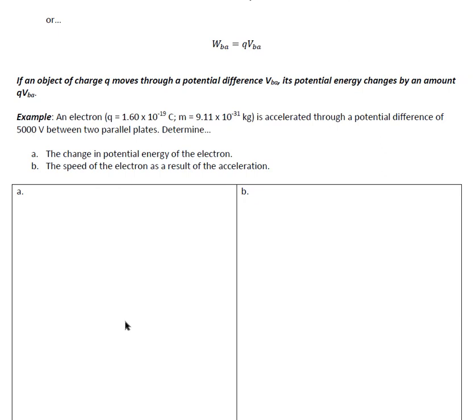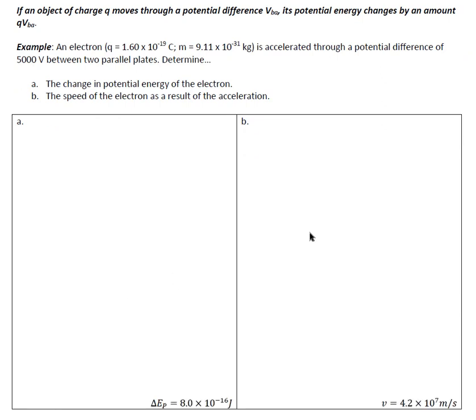So here is a question. It says, if an object of charge Q moves through a potential difference defined as VBA, so from A to B, its potential energy changes by an amount QVBA. So let's draw this picture. We have a scenario with a positive plate and a negative plate.